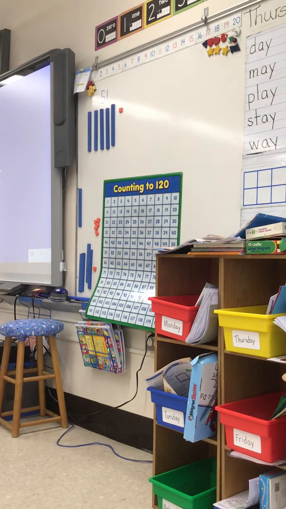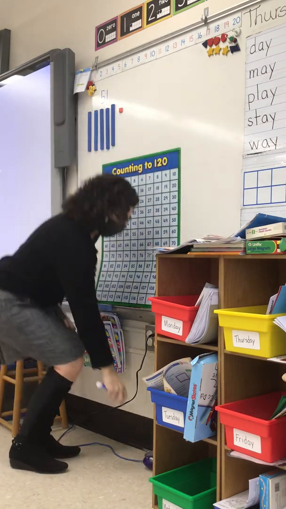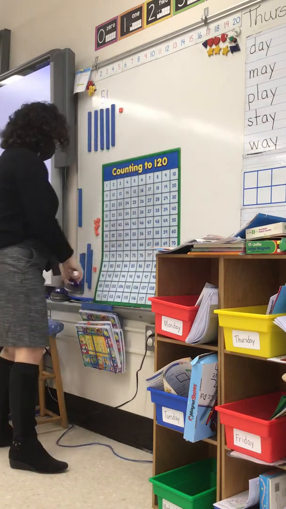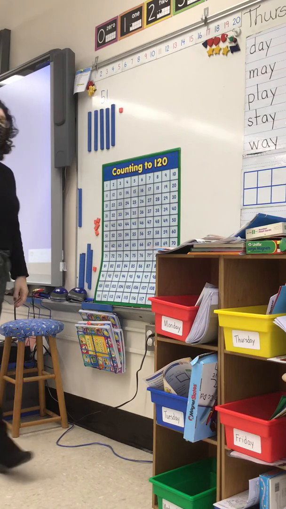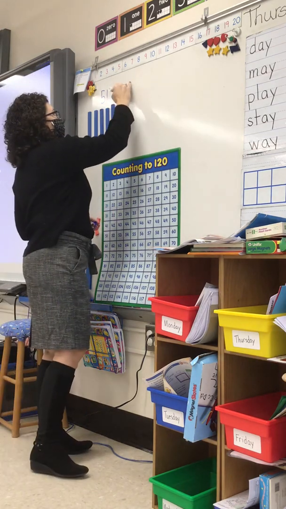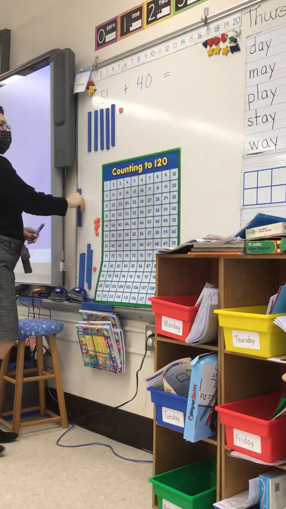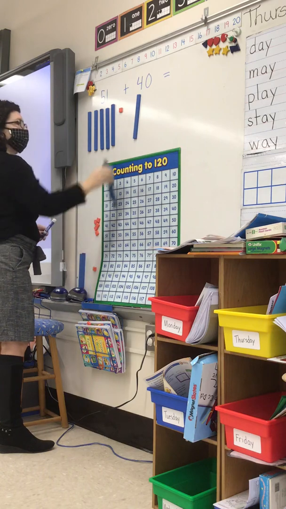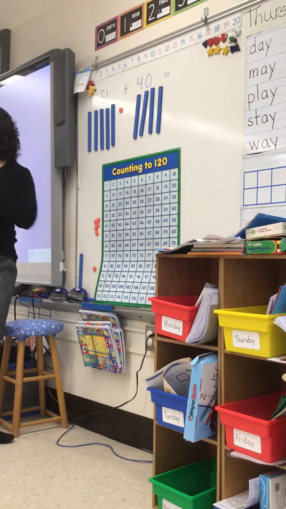Show me 51 with your 10s and 1s. Good. All right, and let's add 40. So show me what 40 looks like with 10s and 1s. 10, 20, 30, 40. Show me on your desk.